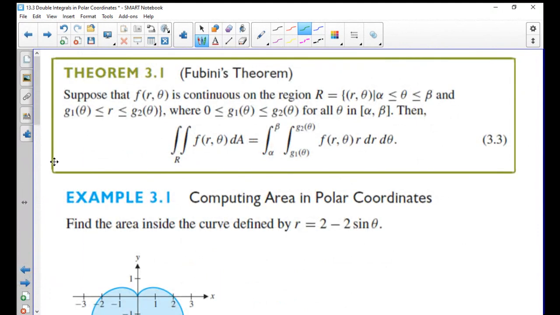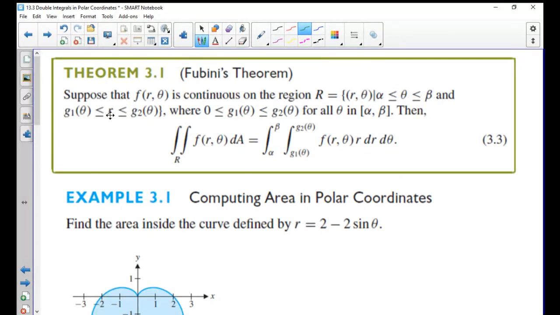Now here is basically a general rule that is given here. Suppose that f of r theta is a continuous function in the region R where theta goes from alpha to beta. So that's where the values of theta are.